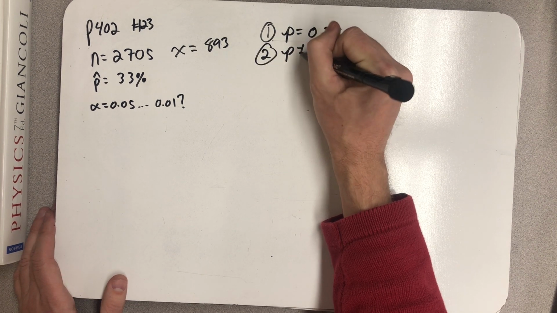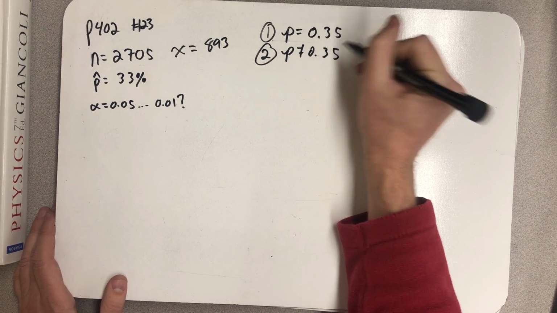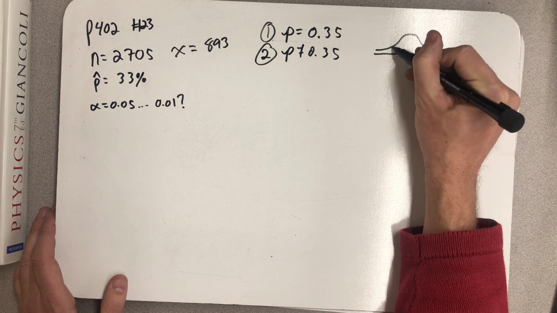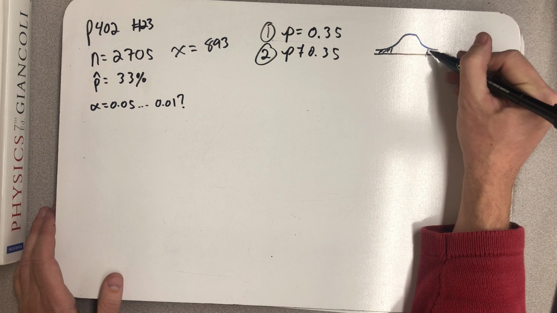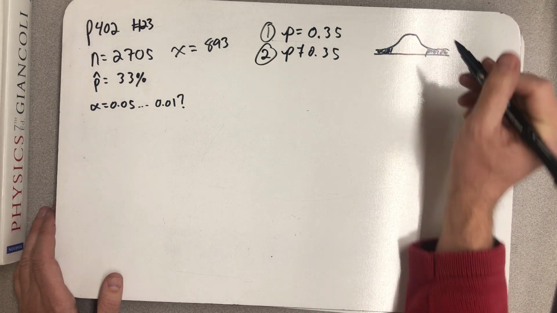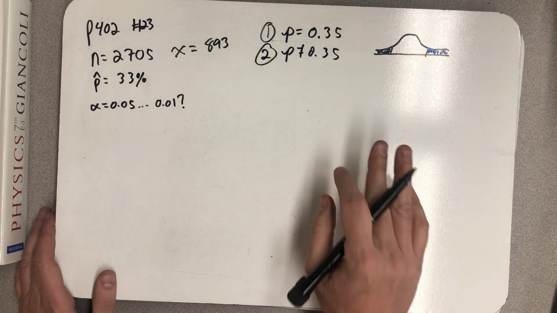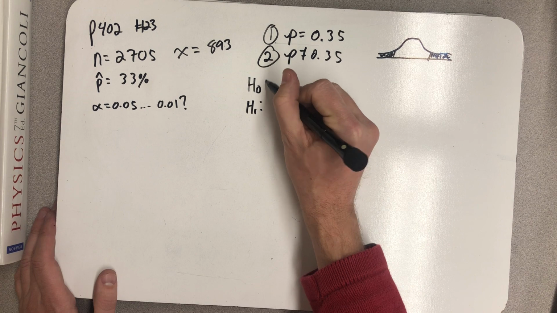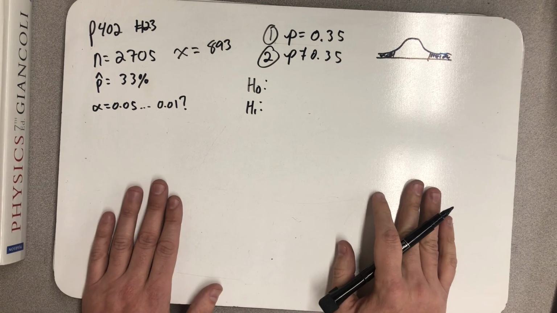The proportion is not 0.35. This is what we call a two-tailed test. There are two different sets of z-scores that would cause us to reject the null hypothesis. We'll be using the p-value method, but always nice to have a visual representation of what's going on.